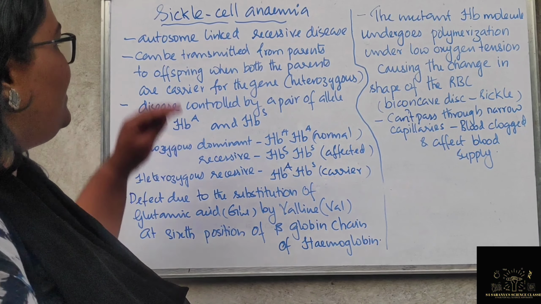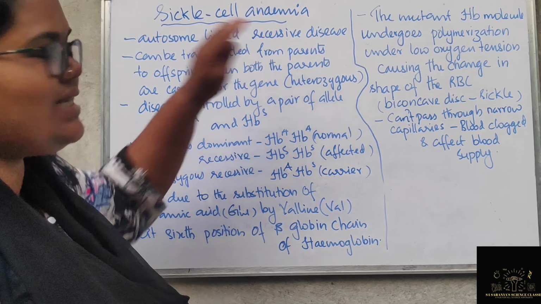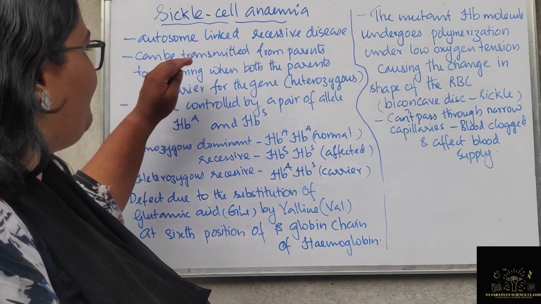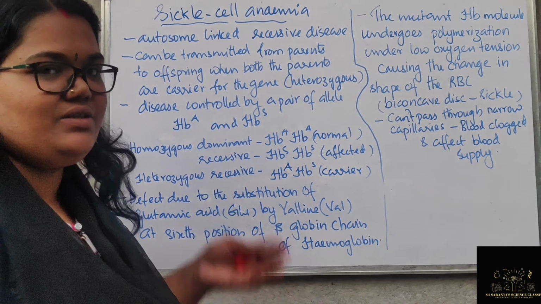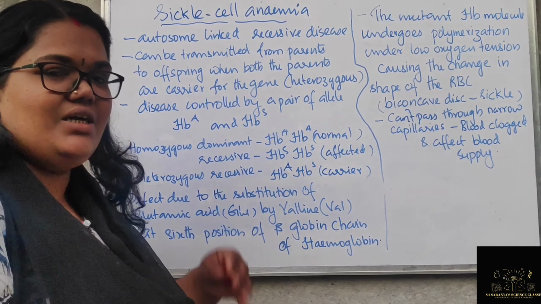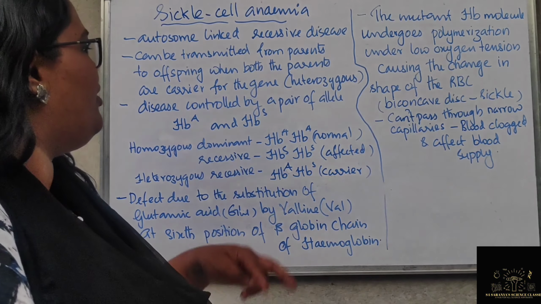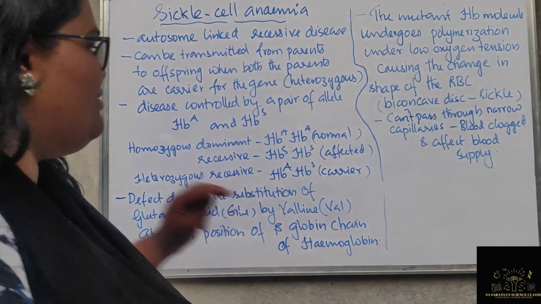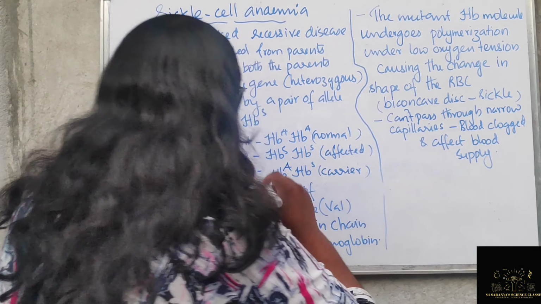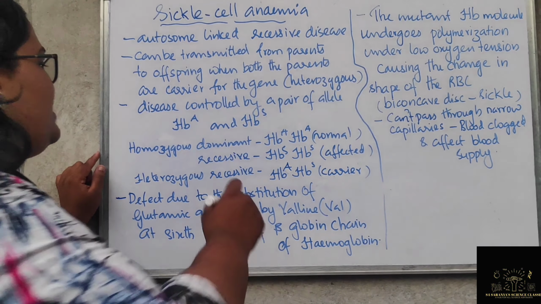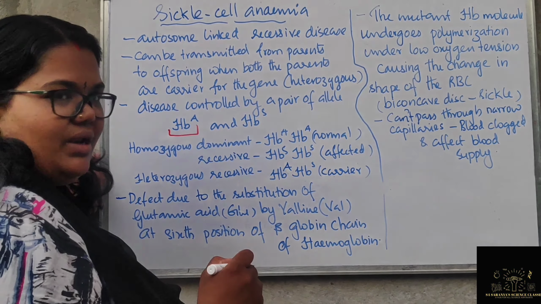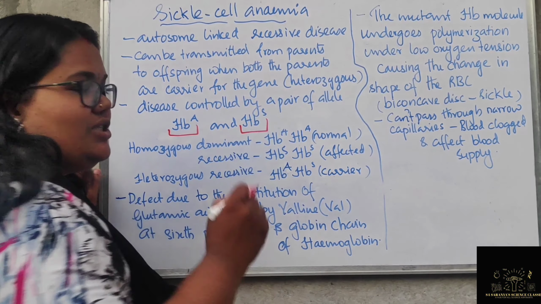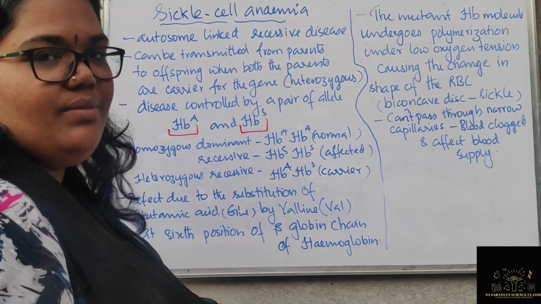Now you can see that here we already told it is a recessive condition, right? So when both the parents, whether father and mother, are carriers, then only the offspring will have the chances of sickle cell anemia. I will show here. You can see that there are two types of genes. HbA, which is the normal one, and HbS, which is the sickle cell anemic one, right?